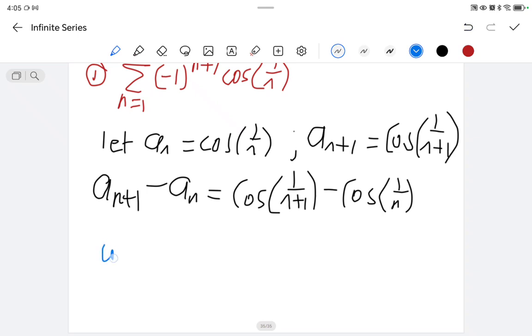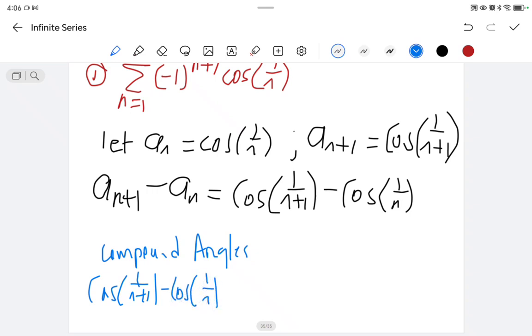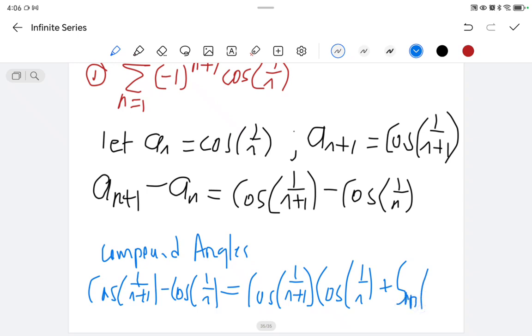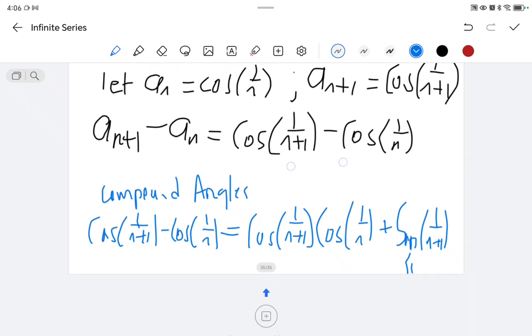If we have compound angles, we know that cos of 1 over n plus 1 minus cos of 1 over n would be equal to cos of 1 over n plus 1 times cos of 1 over n, and then this will be plus sine of 1 over n plus 1 times sine of 1 over n.